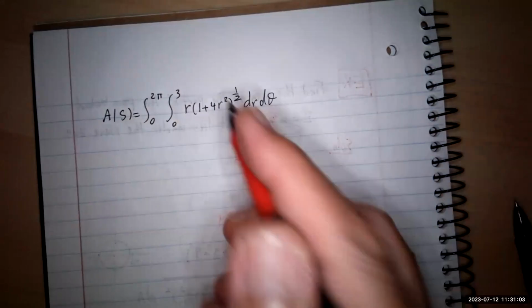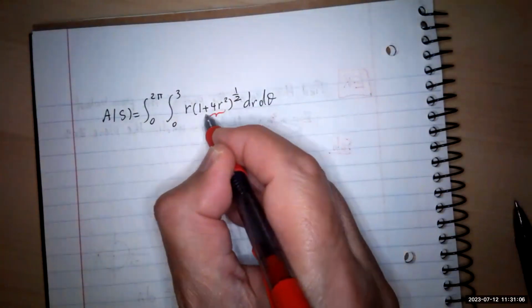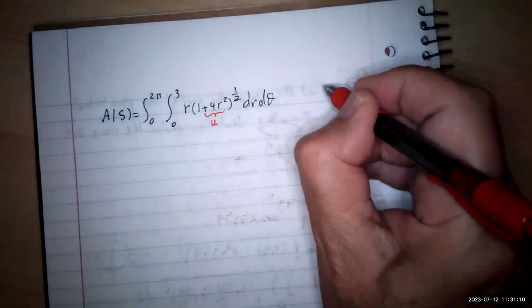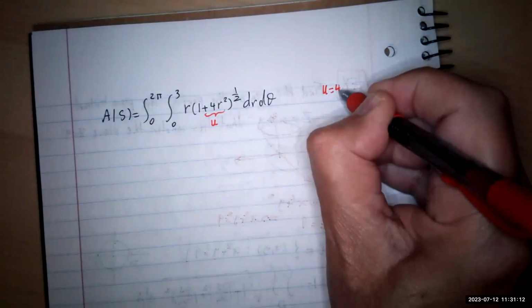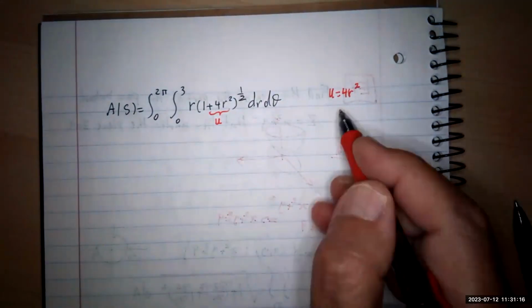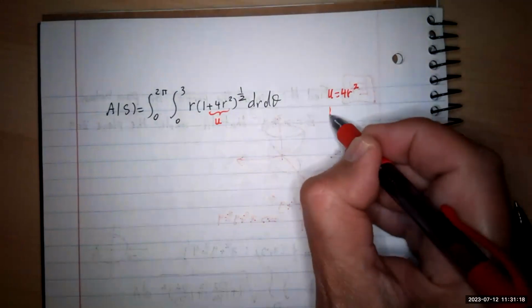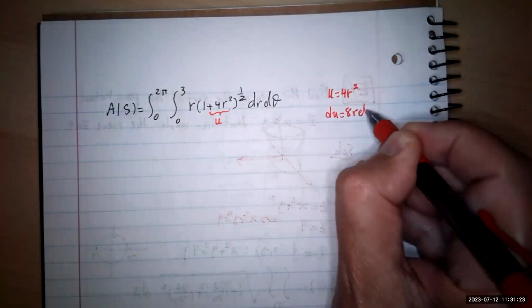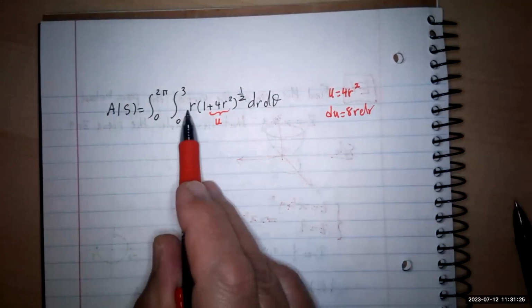Again, use substitution. I take this one to be u. I remind myself that if u is going to be 4r squared, my du would be 8r dr. So I need the 8 here.